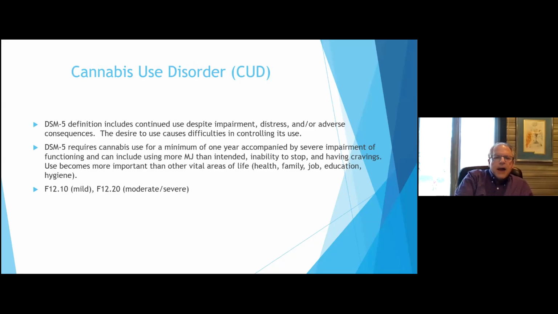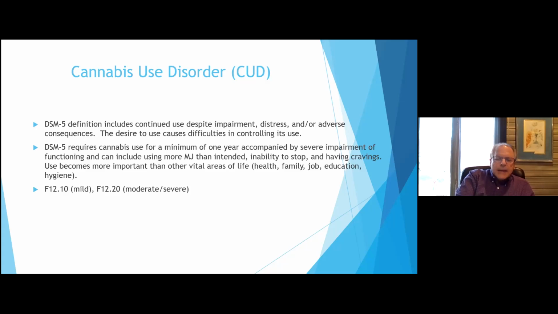The DSM-5 for marijuana abuse or use disorder does require that the user have at least 1 year of using cannabis, accompanied by severe impairment of functioning, which includes using more marijuana than intended, the inability to stop, having cravings, and use becoming more important than other vital areas of life, such as health, job, family, education, hygiene, etc.